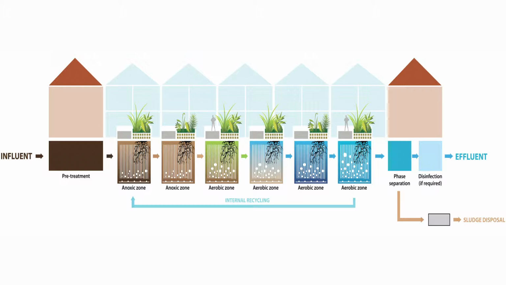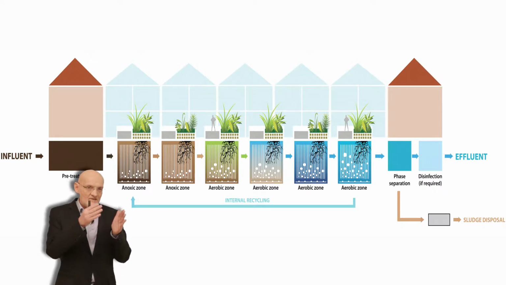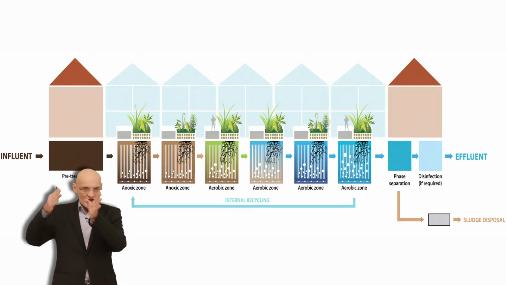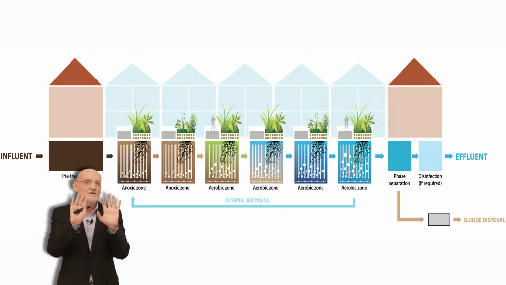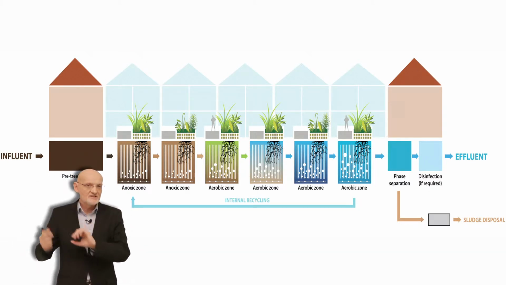As the water goes from the left to the right, the composition of the water changes. In the beginning, there's a lot of ammonia in the water and a lot of food. So you will see organisms in the first reactor that are adapted to those kinds of conditions. But as the water goes from one reactor to the other, different organisms will adapt to the various conditions.